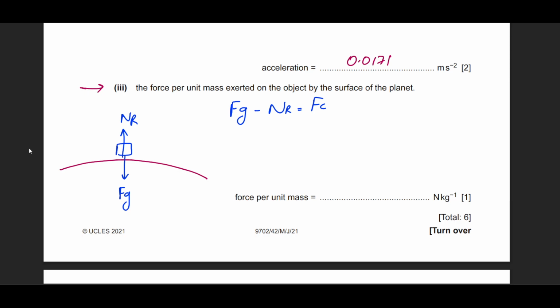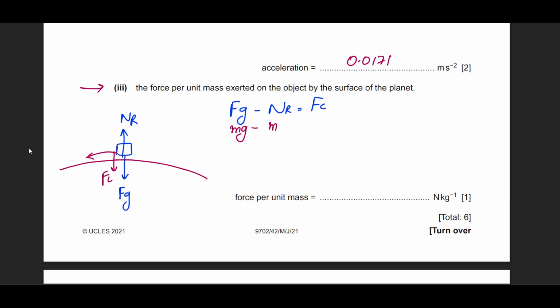So this is going to be mg as weight minus the normal reaction, which is generally equal to mg, but since they are being rotated, centripetal force is involved. So some of the force is also the responsibility of centripetal force, right?